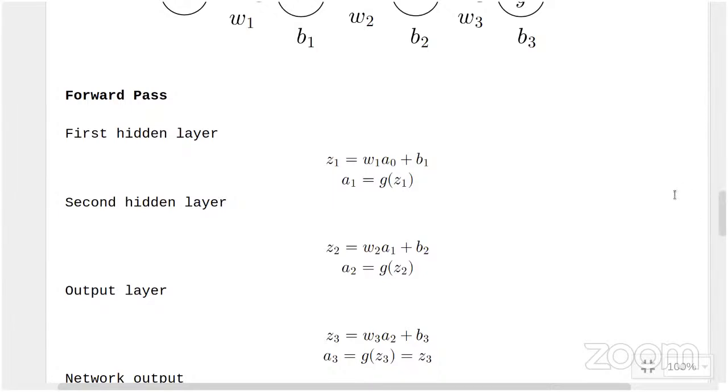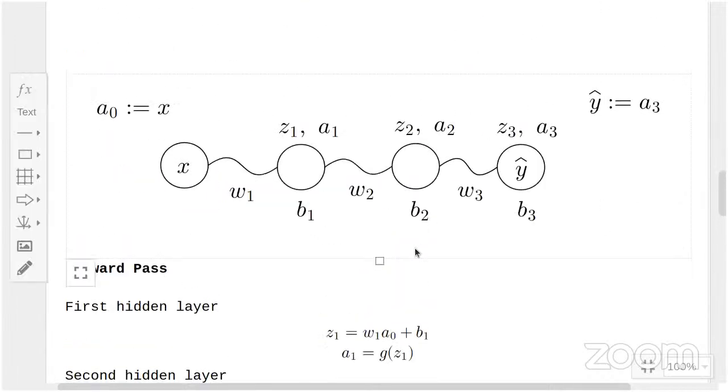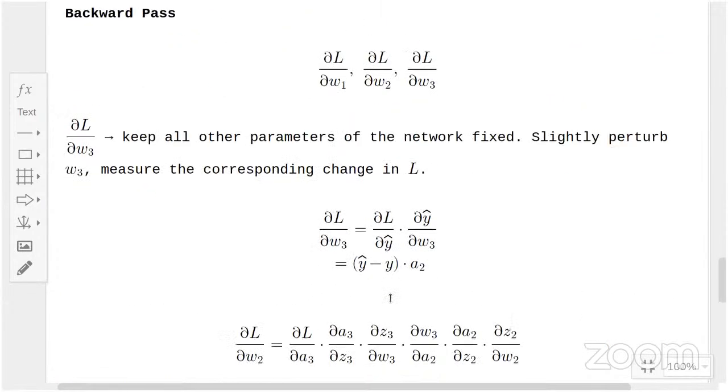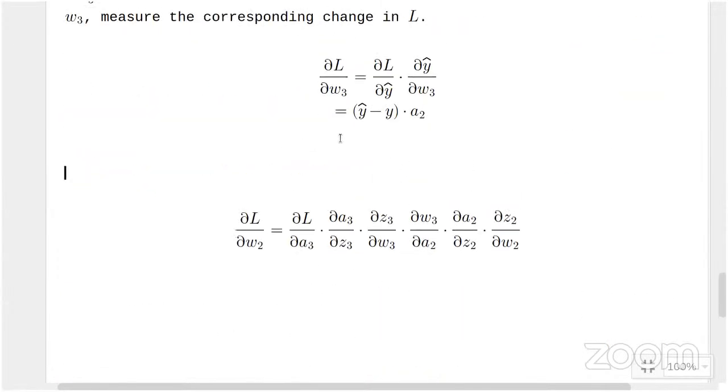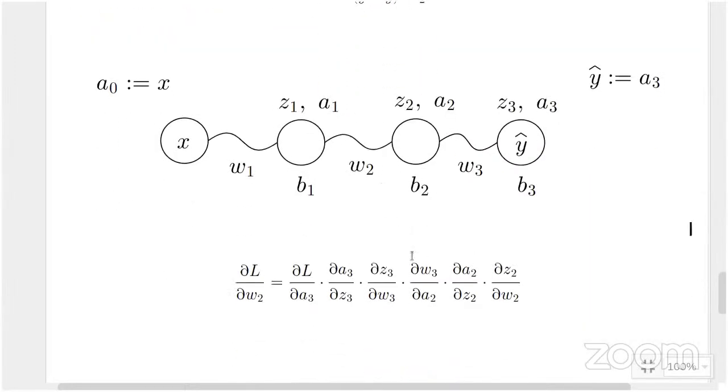So can you just copy this picture and paste it? Okay, that is much better. So see, what are we saying? We need to find the effect of W2 on L, right?